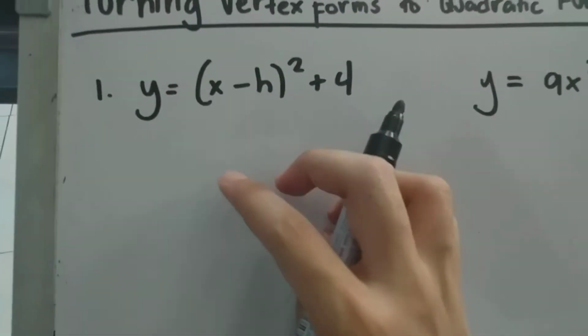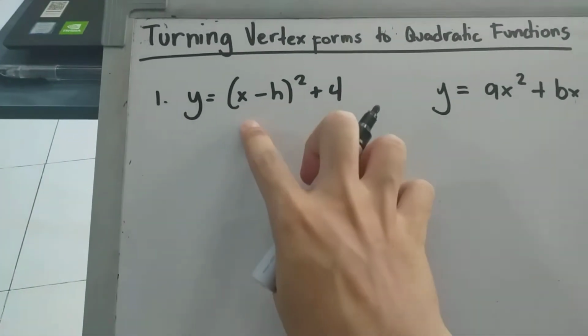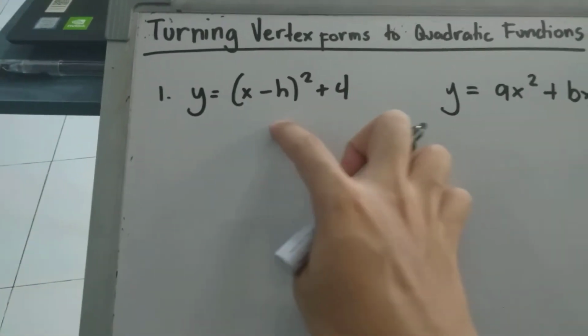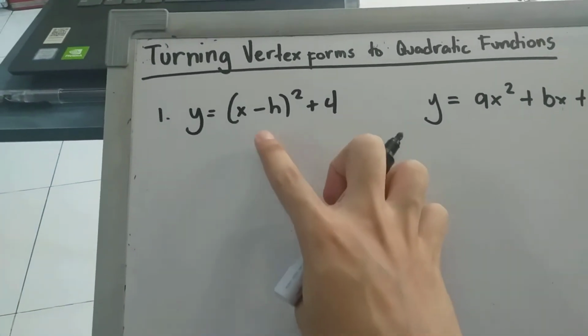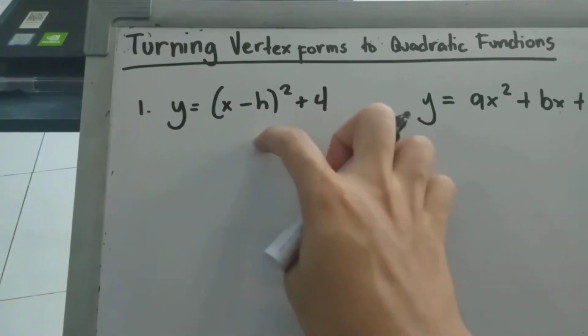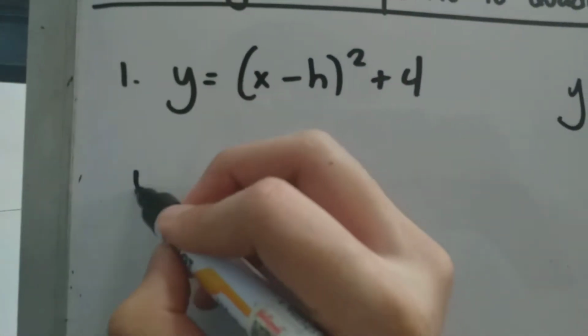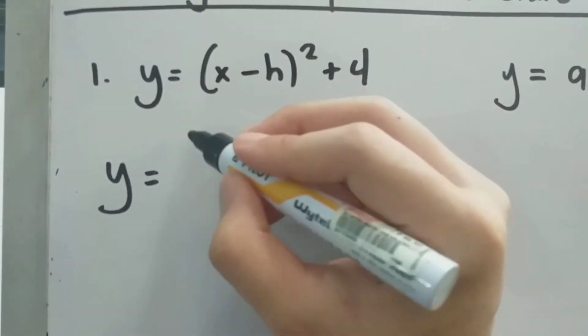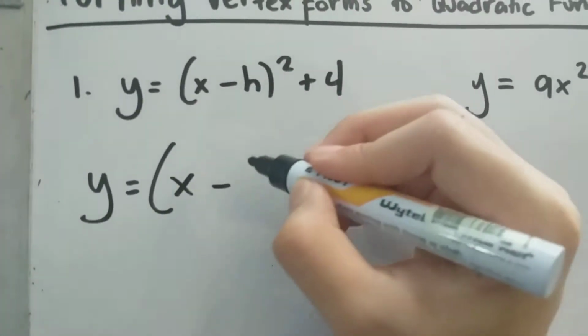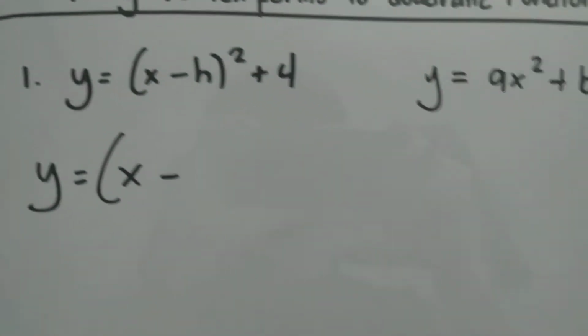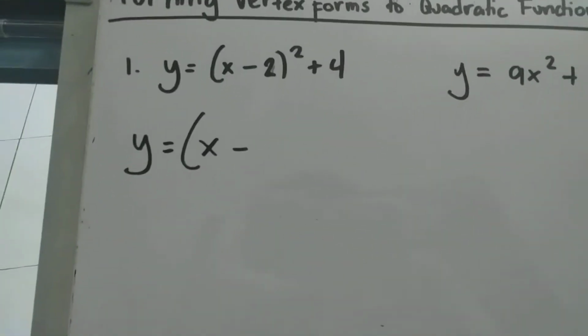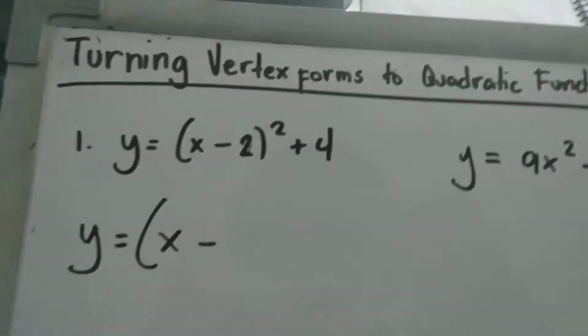The first step is, you see here, you have a square of binomial, x minus h squared. All you need to do is to FOIL this. Wait, let's actually get the value of h. I forgot to write the value of h, so now we have it.